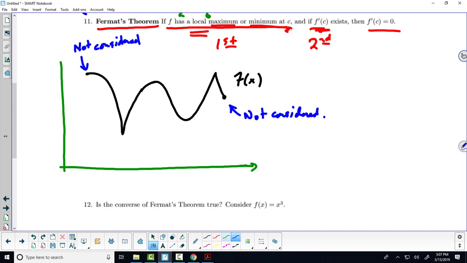Those have to occur at interior points. So let's look at the first condition and find out where f has local maximums and minimums. Well, f has a local maximum right here, and a local minimum right here. It also has a local minimum right here and a local maximum right here.